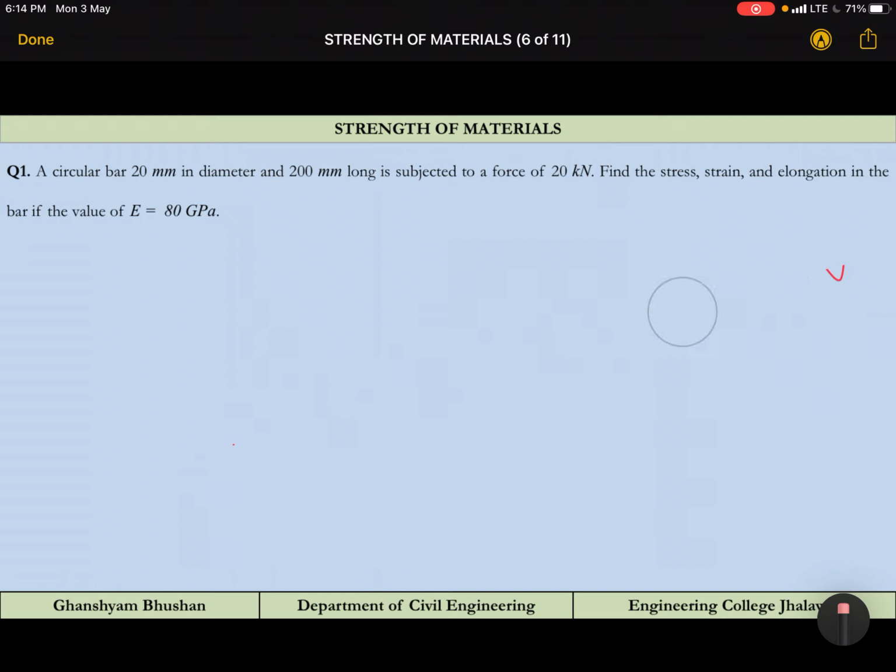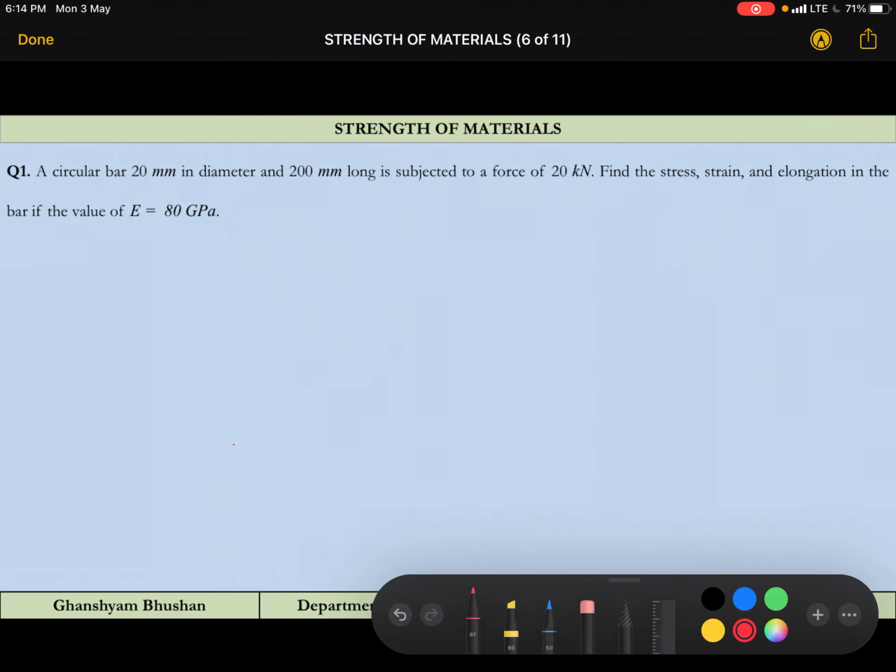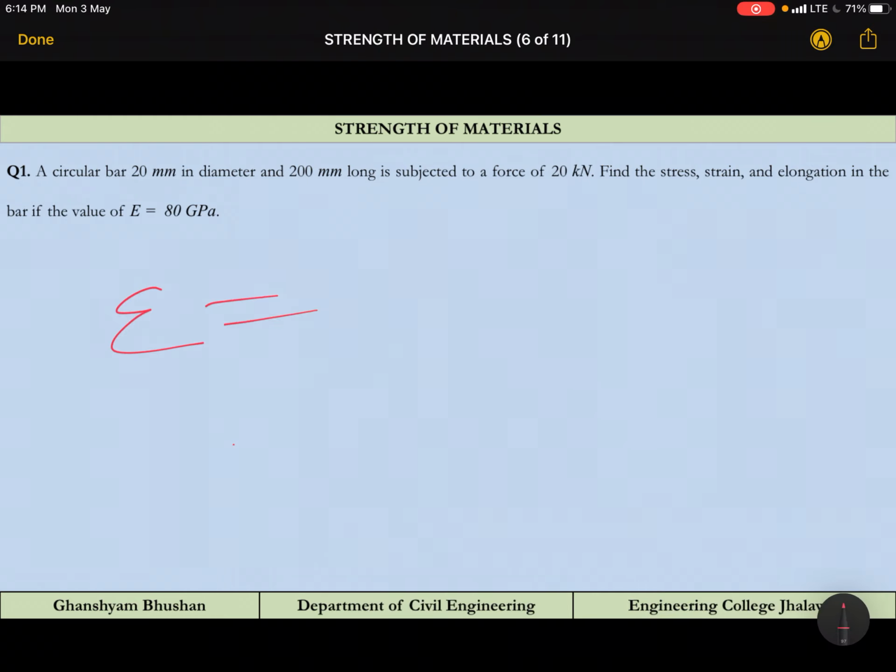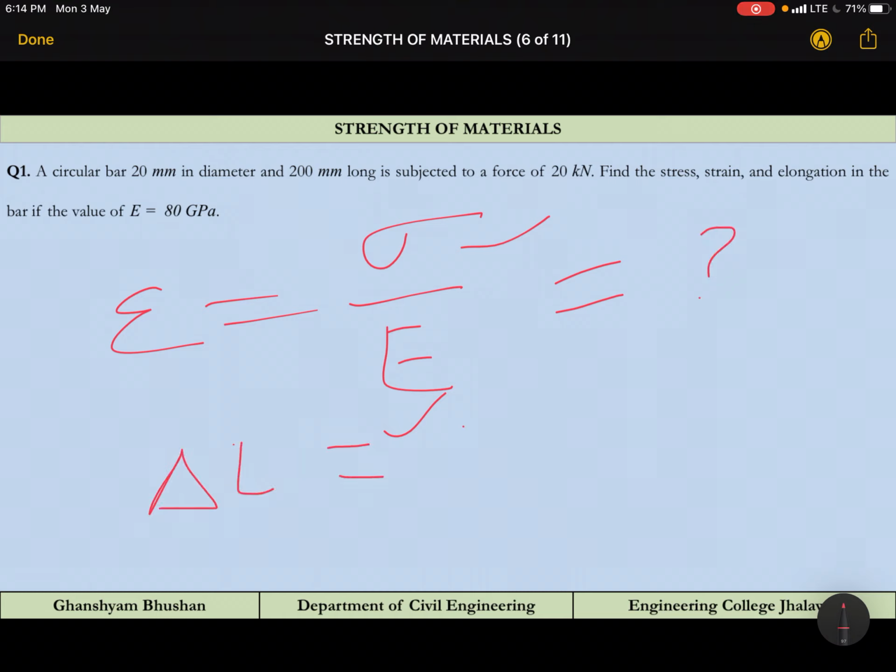So stress we have calculated. Now strain is sigma by E. We can put E, so we will get epsilon, and elongation delta L is equal to L times epsilon. Epsilon was delta L by L, so if we multiply L by epsilon, we will get the elongation.